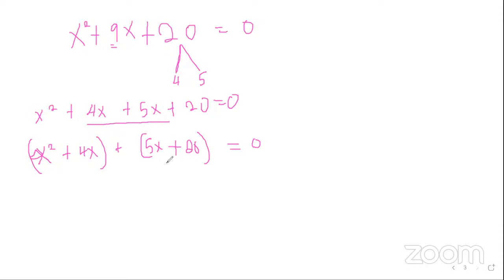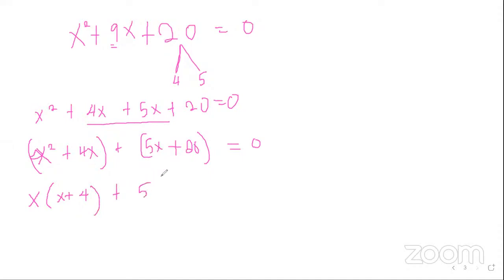So what is the common factor in the first bracket? It is 4. No, it's x. Sorry. So x, we pull x outside. What remains on x squared? X. What remains on 4x? 4. Common factor in the second bracket? 5.